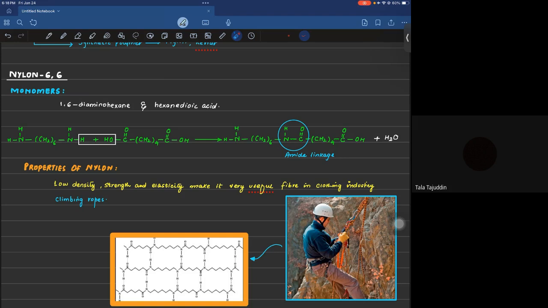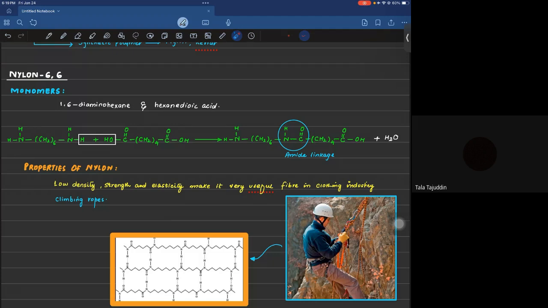For climbing ropes, the rope is made of nylon 6,6. Basically, it's a strong polymer. Why is this a very strong polymer? If I'm going to climb any place using this rope, which is made of nylon, what makes it so special that it is very strong?